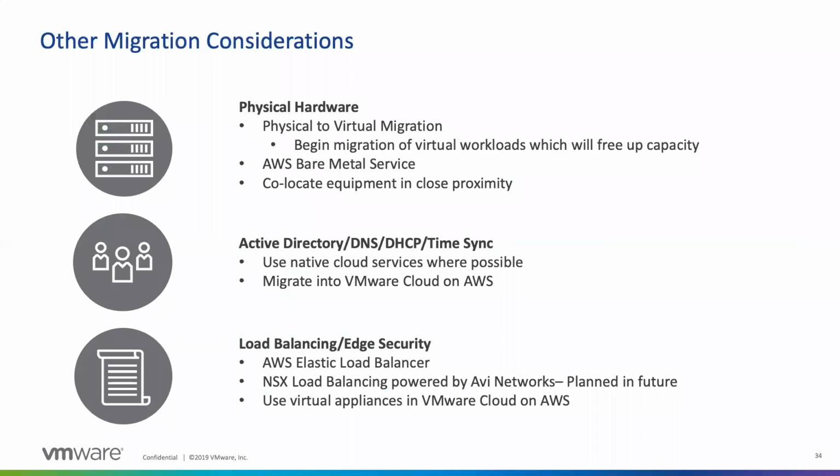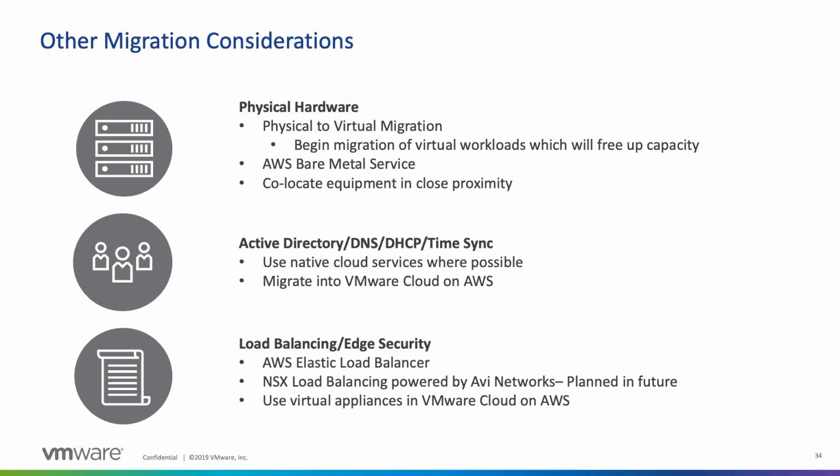The other thing to think about that I've run across with customers very frequently is there's always still some physical hardware. As much as we would love that to not be the case, there's always still something running around on physical hardware. Got to think about, can I make that virtual? Is this the time to go virtual with that if I'm trying to evacuate the data center? Does it make sense to move it over to AWS's bare metal service?